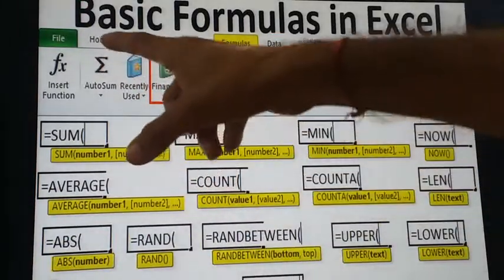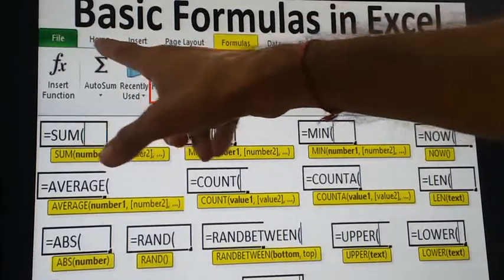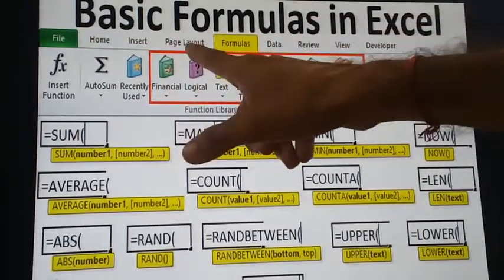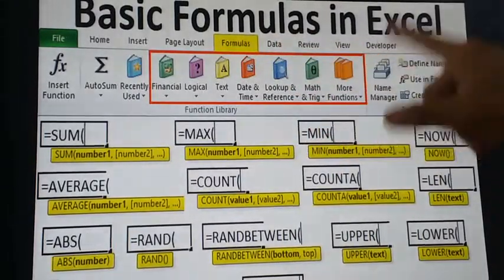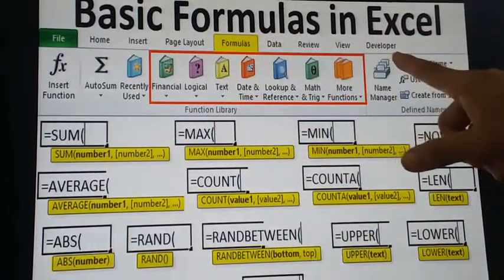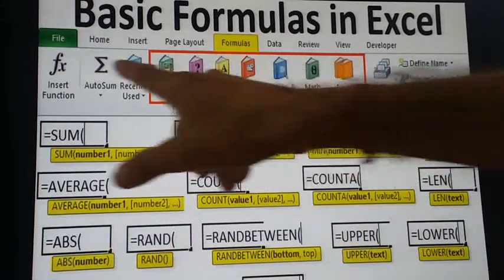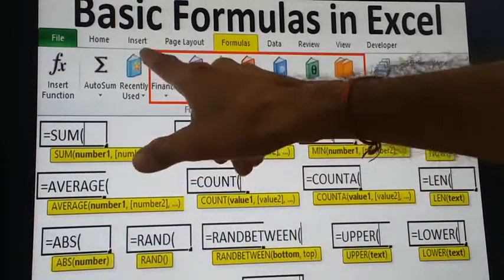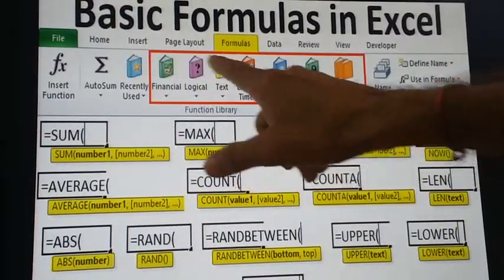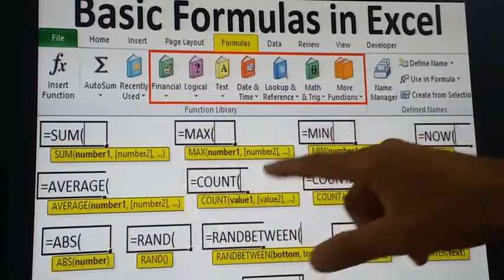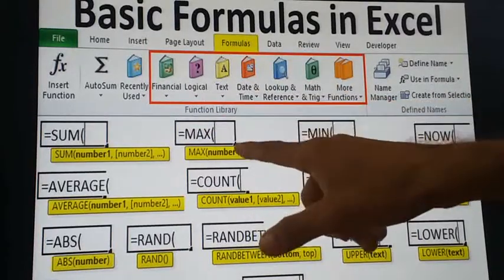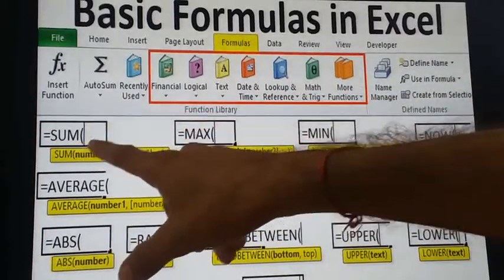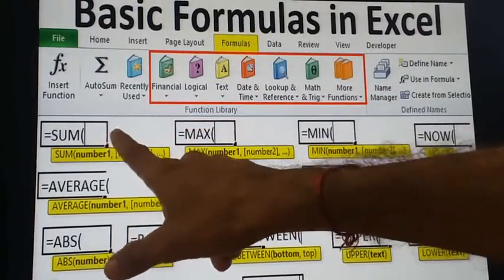You can see these are the tabs: menus, file, home, insert, page layout, formulas, data, review, view, developer. These are the tabs, and these are the ribbons through which we can get all the options to solve the problems. Okay, so first of all we can make summations.